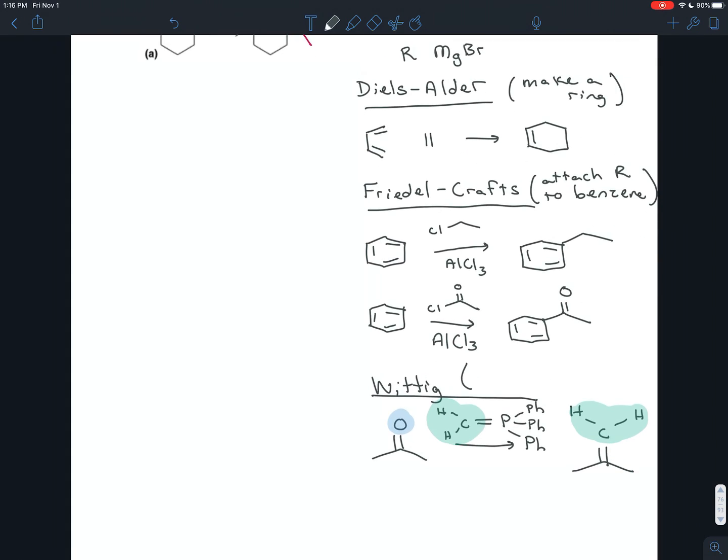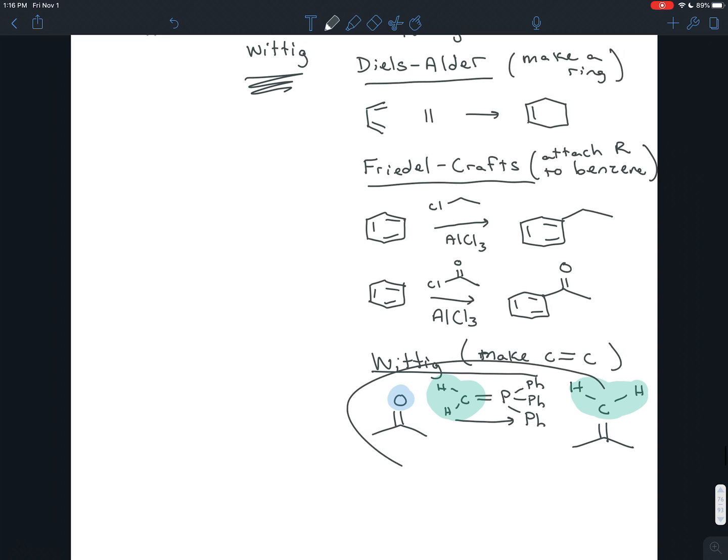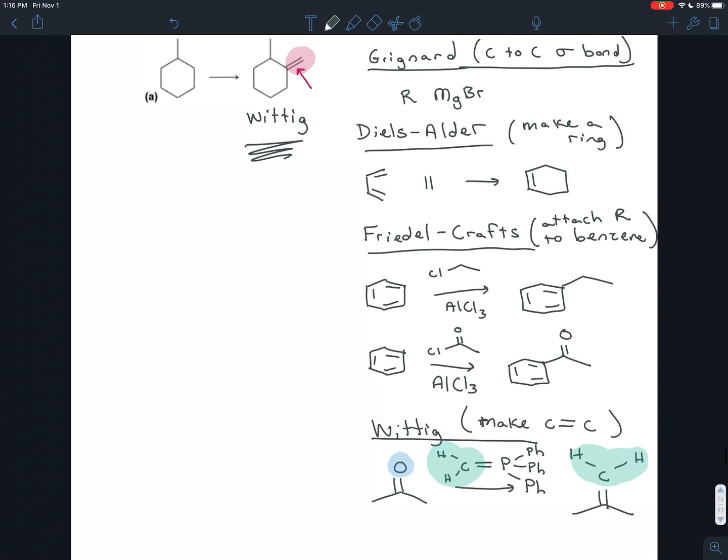And the Wittig reagent if you want to make a carbon-to-carbon double bond. Well, that's what we have here. That's what we want to make here. And so whatever else we need to do, we know that we have to use a Wittig reagent to make a carbon-to-carbon double bond. Okay, well, let's make some room.